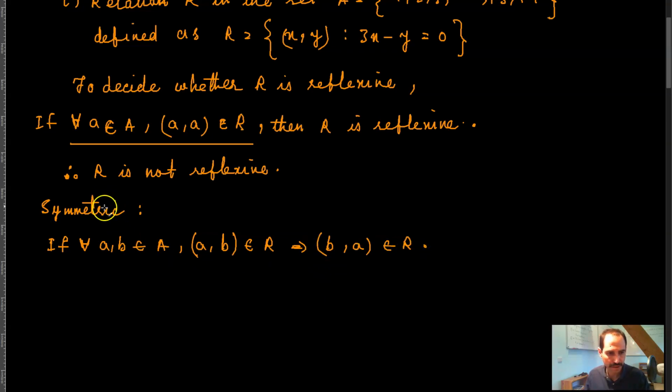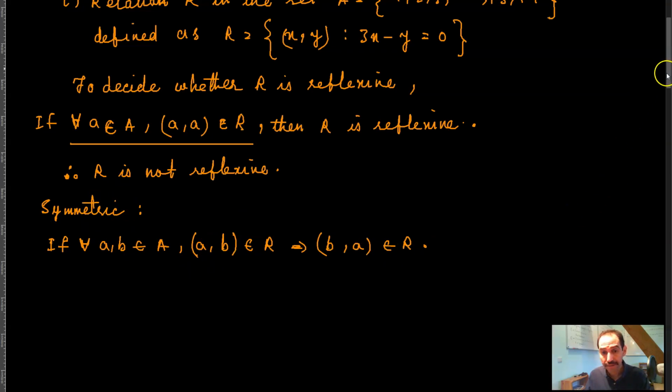So that is the condition for R to be symmetric, meaning that if there is an ordered pair (a, b) that belongs to R, then (b, a) must also belong to R. If that is the case, then you can call R symmetric.